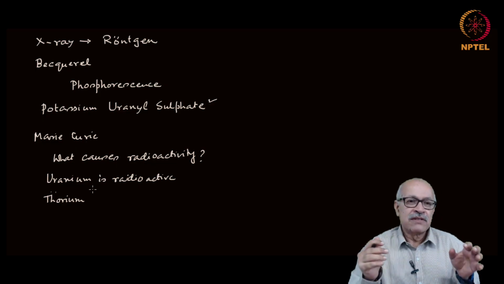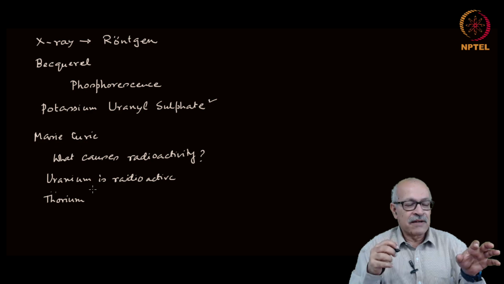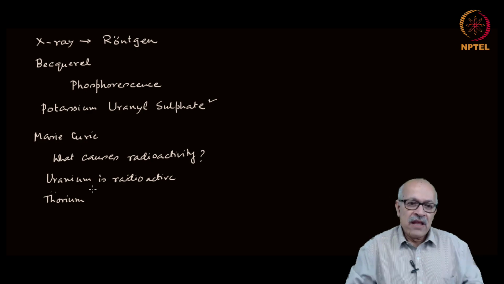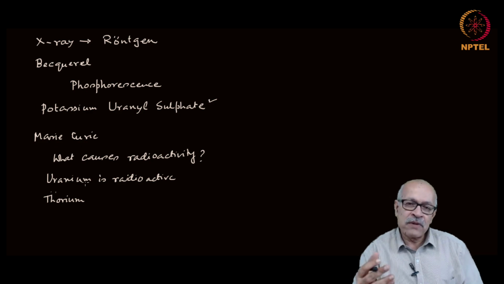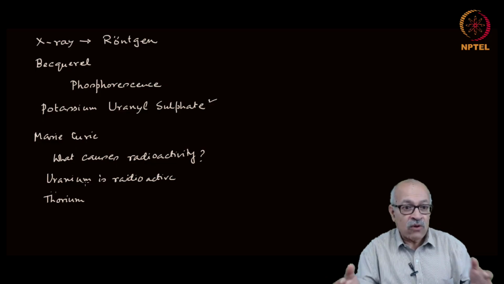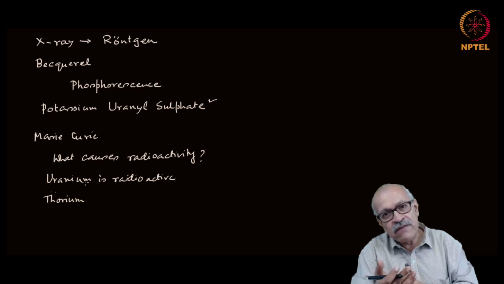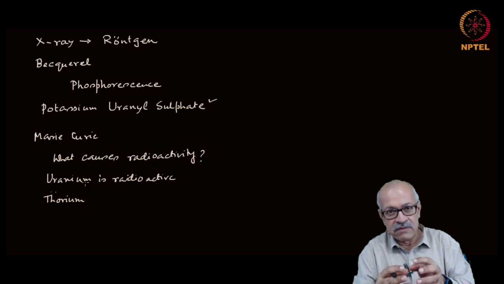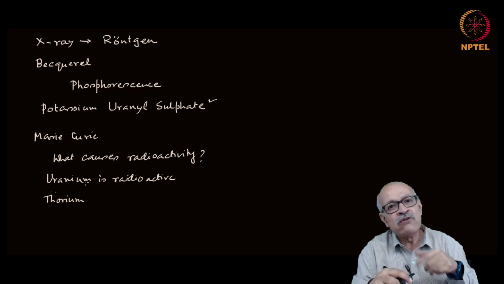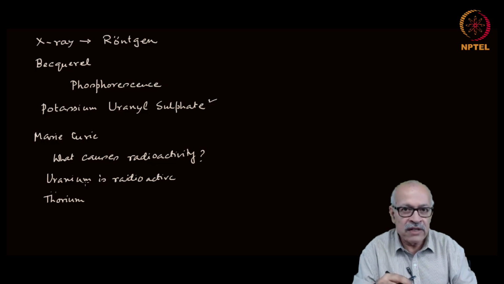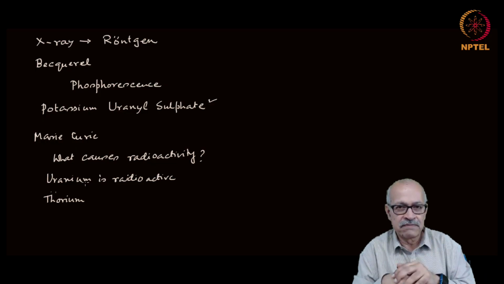What she did was, she argued that if I obtain certain naturally occurring minerals that contain uranium and thorium, then the radioactivity of that mineral per unit mass would be the sum total of the radioactivity emitted by the uranium content in it and the thorium content in it.